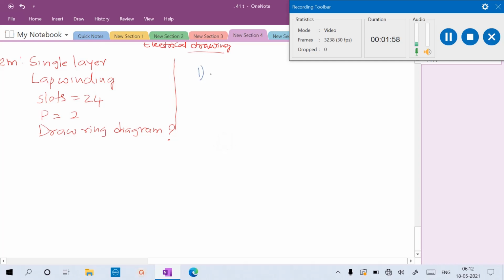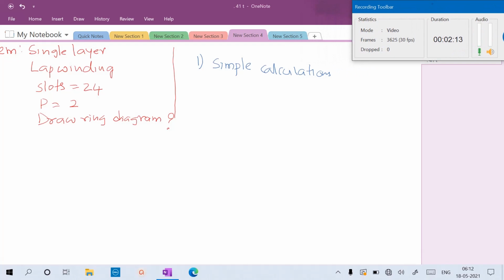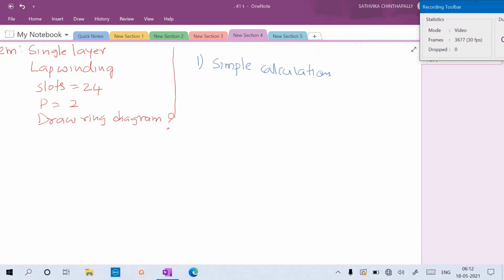First step, simple calculations. Second one, prepare the winding table.